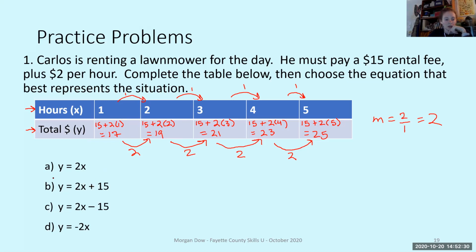Choice B looks pretty close to what we were doing when we were calculating his bill. We've got that $15 fee, and then we're adding in that hourly rate. So choice B is saying to calculate the total bill, do $2 an hour times the number of hours plus $15.